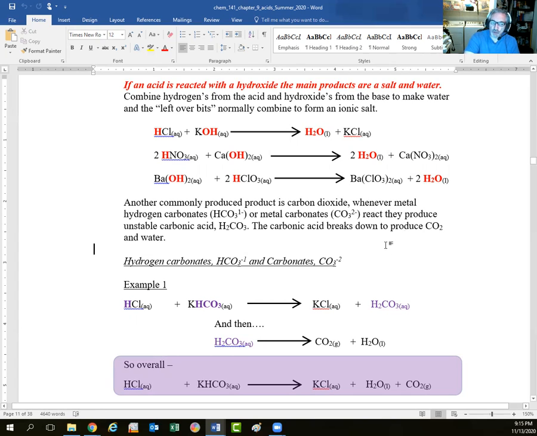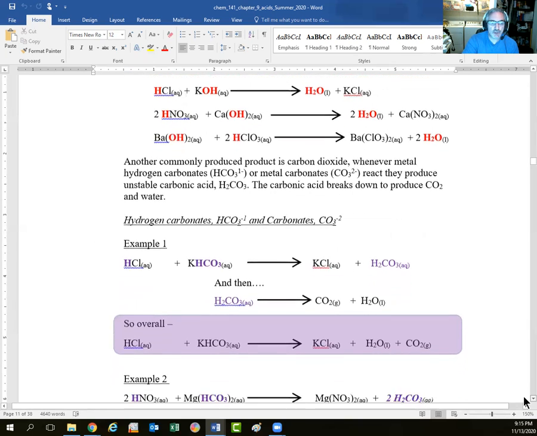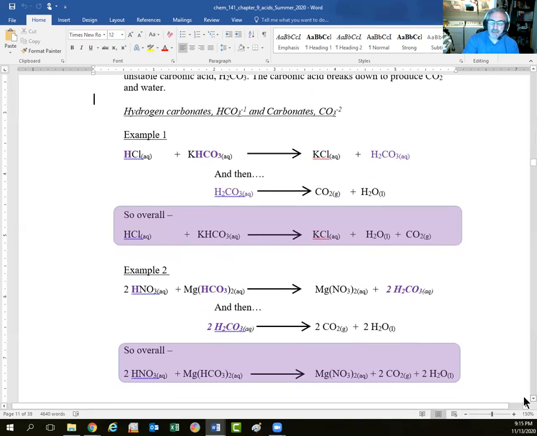There's a second rule of thumb for recognizing the products, but this time it's based on the base being used containing hydrogen carbonate, HCO3. Now it's trying to do the same thing that the hydroxide was doing. It's trying to find and scavenge for hydrogen from the acid.